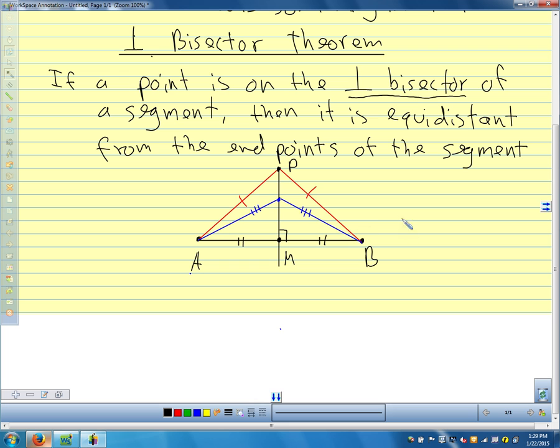We would say that PM is perpendicular to AB, and segment AM is congruent to segment MB. That's how we know that that's true. And if that is the case, then PA is congruent to PB, MA is congruent to MB, etc.